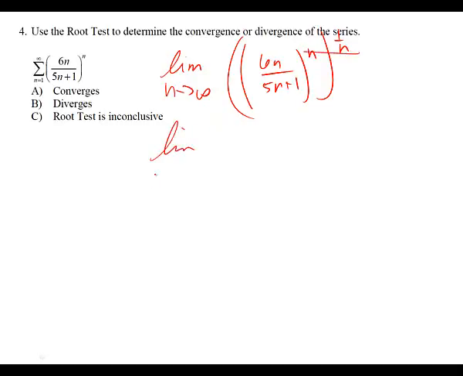So now I'm down to the limit as n approaches infinity of 6n over 5n plus 1. What do we notice about the exponents? They're the same, so what does that mean we do for the limit? Coefficients in front. So is it bigger than 1 or less than 1? Bigger than 1, so does it converge or diverge?